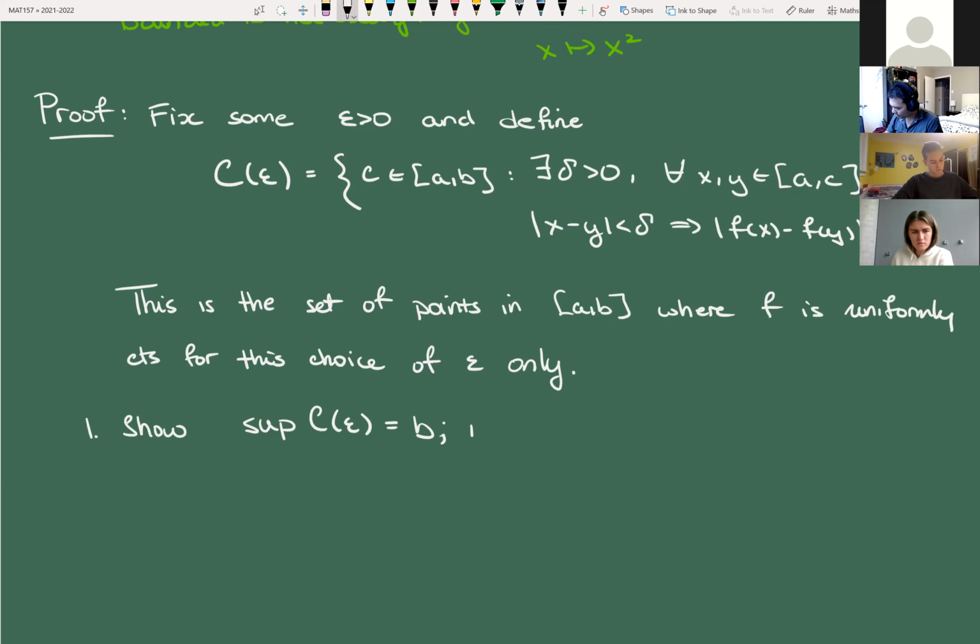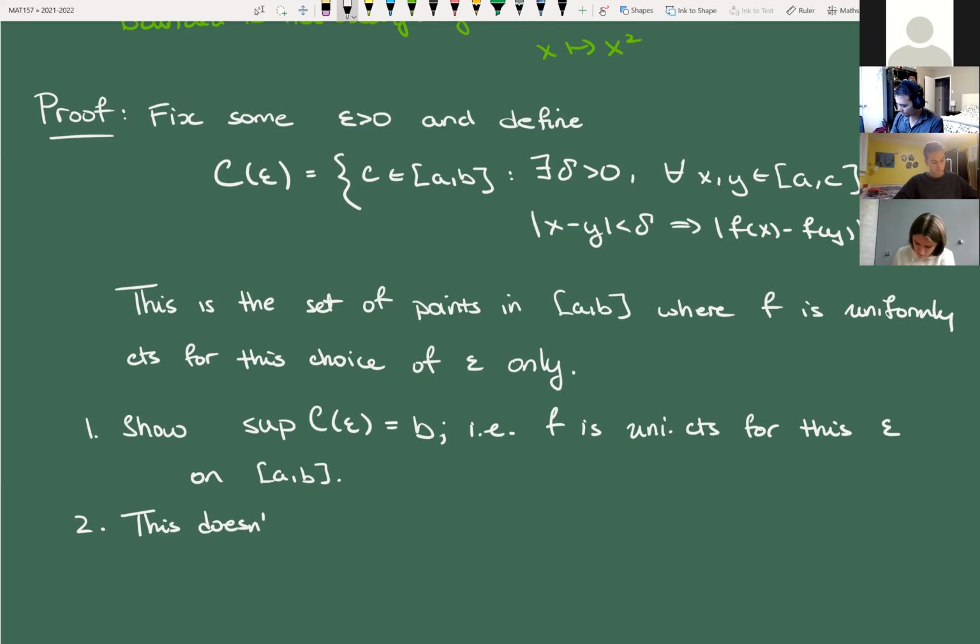So i.e. f is uniformly continuous for this epsilon on the whole interval. And two, this doesn't depend on epsilon. Okay, and if I do that, I'm done.